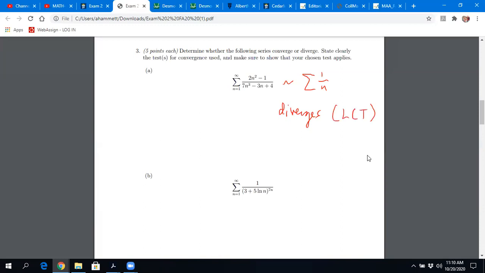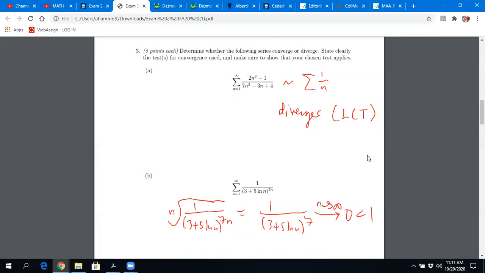This guy right here, if you apply the root test, and you take the nth root of this beast, 1 over (3 plus 5 logarithm of n), all raised to the 7n, you end up getting 1 over (3 plus 5 logarithm of n) raised to the 7th, which clearly goes to 0 as n goes to infinity, which is less than 1. Therefore, this thing does what?